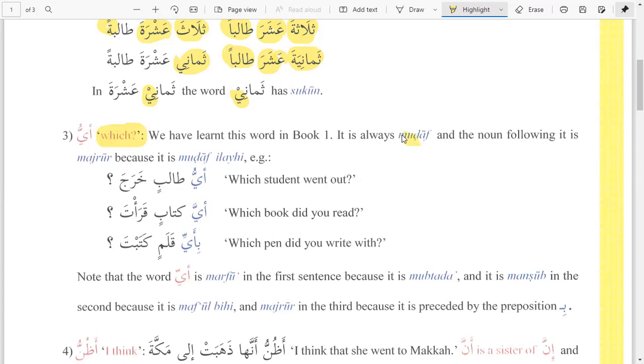So the noun which follows ayyu will be mudaf ilayh and it will be majroor. We have learned that the ending of the mudaf ilayh is always majroor.